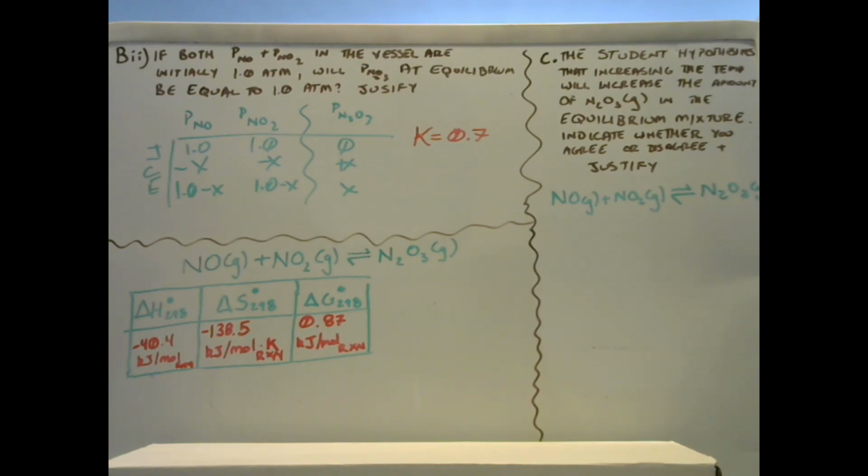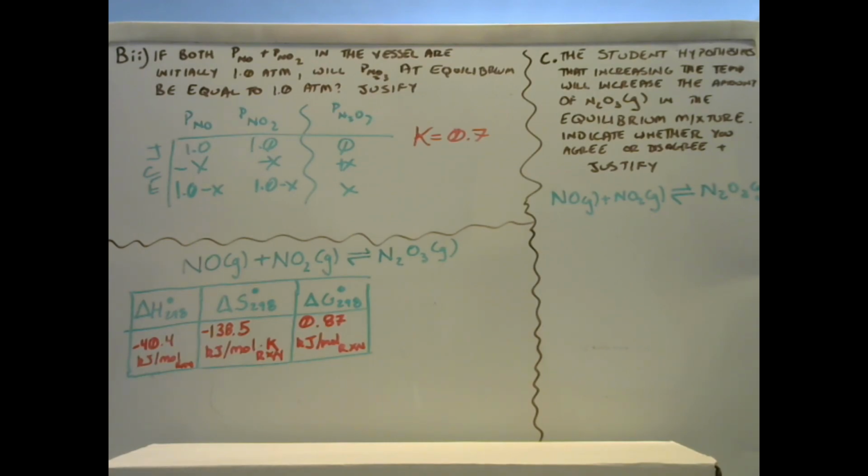It will not reach 1 because you'll have more reactants than products. Since the reactants both started at 1, the products can't be 1. Alternatively, having a product value of 1 and reactant values of 0 would give you a divide by 0 error. Doesn't quite work out. So for part 2, no, the pressure does not equal 1 atmosphere, and then you have to justify using one of the justifications I just talked about.